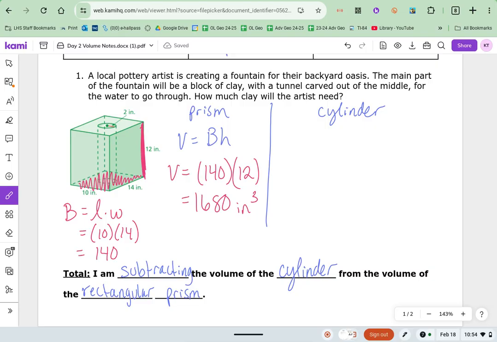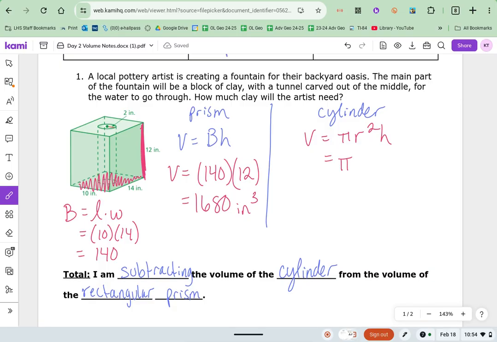Your volume formula for a cylinder is pi r squared times height. So plugging in, pi stays the same. The radius of our cylinder is 2, so 2 squared, times height.